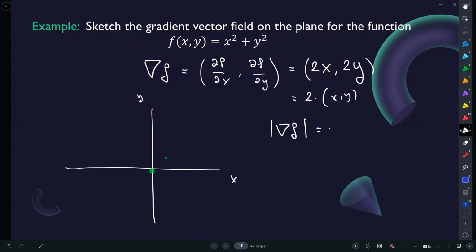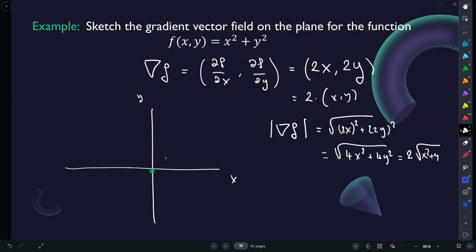The length of the gradient will be the square root of 2x squared plus 2y squared, which is the square root of 4x squared plus 4y squared, which is twice the length to the point. Okay, so this would be length 1.